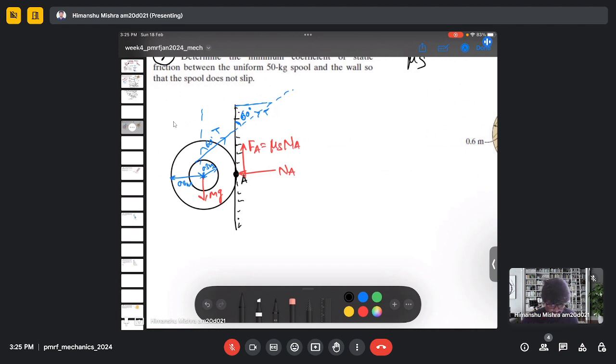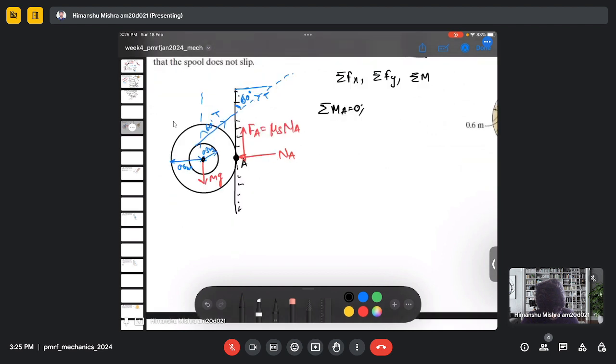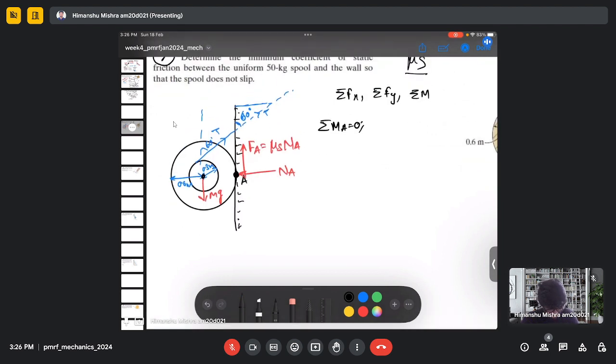So in order to find the unknown coefficient of friction mu s, again we can do the force balance in the Fx and Fy direction, or in the horizontal and vertical direction, or we can do the moment analysis at any point, either at the center or at point A. So if I do the moment balance at point A, then I can actually determine some relation of T, right?